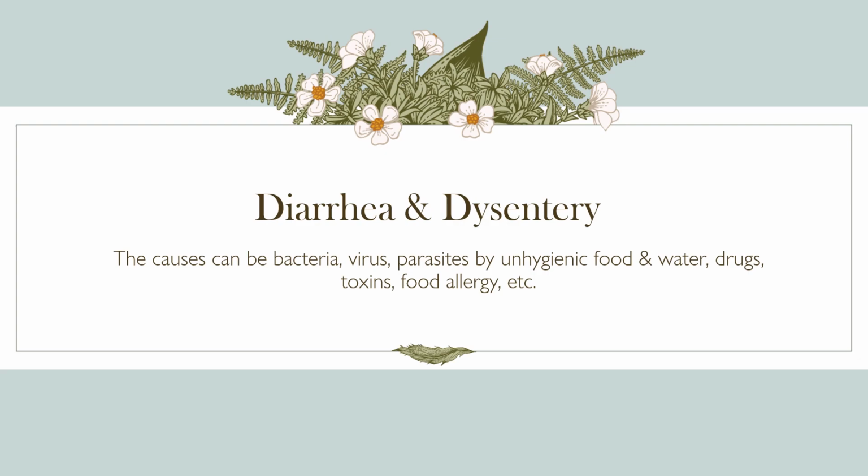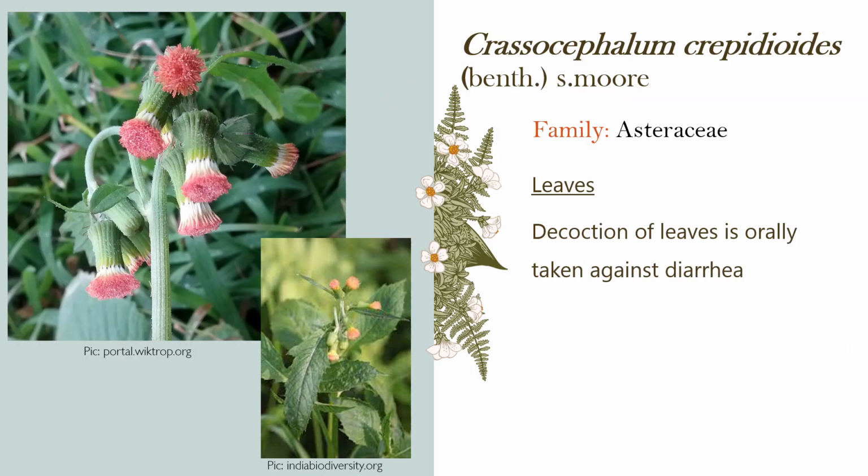So the plants used against diarrhea and dysentery include Crassocephalum crepidioides, which comes under the family Asteraceae. The leaves are used here, so the decoction of the leaves is orally taken against diarrhea.